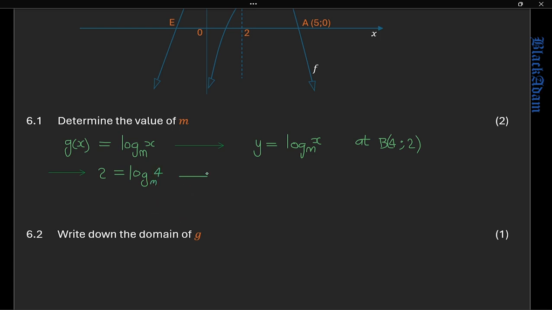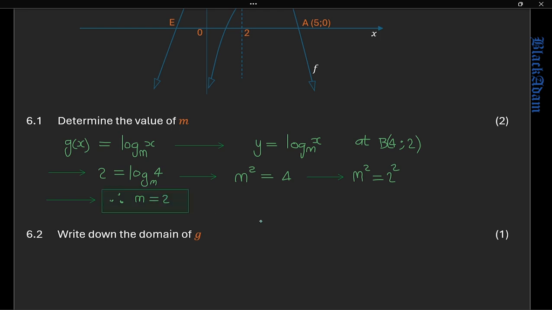We convert the logarithm into exponential form: m to the power 2 is equal to 4. We write 4 as 2 to the power 2, so the exponents are the same, and then the bases must be the same, so m is going to be 2.